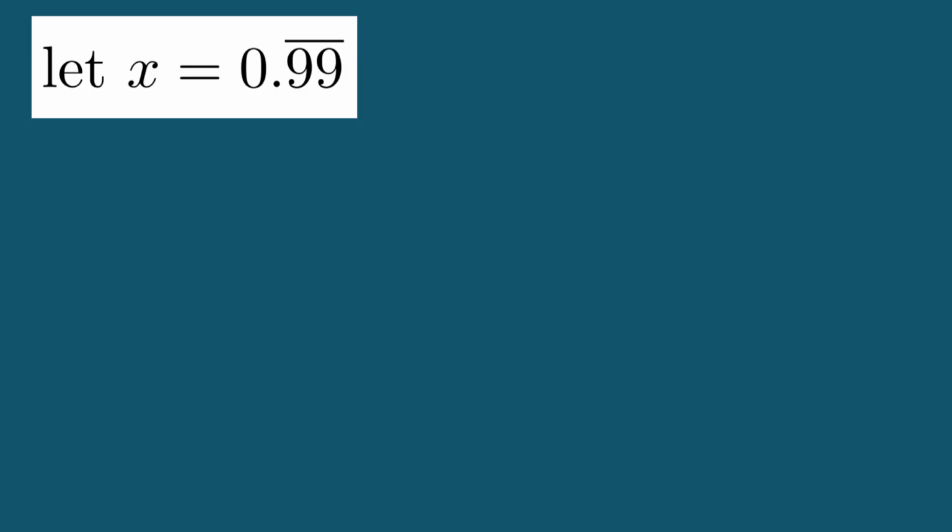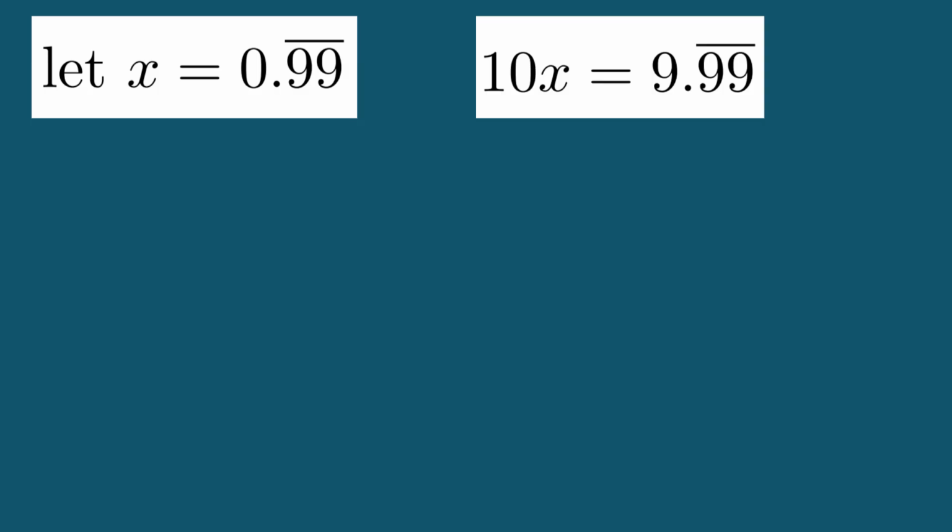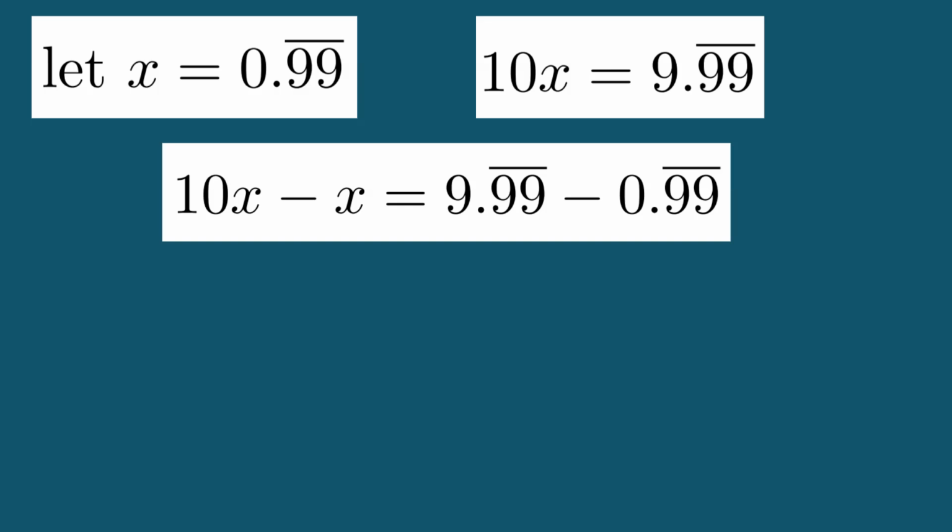First, we'll start by defining x to be 0.9 repeating. Then we'll multiply both sides of this equation by 10 to get 10x is equal to 9.9 repeating. Now subtract the first equation from the second. Well, we get 10x minus x, and we get 9.9 repeating minus 0.9 repeating.